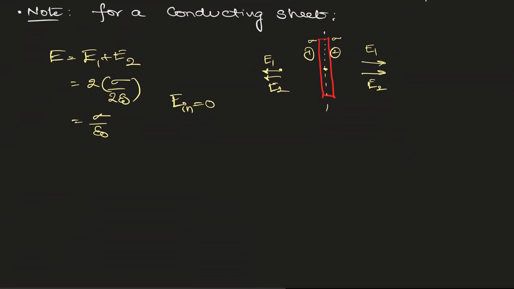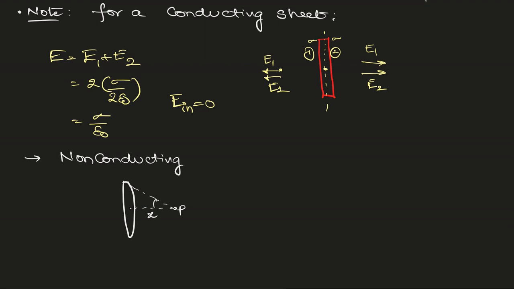And one more note point here: if they give finite sheets of circular shape, a non-conducting sheet like this, and they are asking at a point P which is at a distance x, and its radius is r, subtending an angle theta, then electric field will be equal to sigma by 2 epsilon naught into 1 minus cos theta.